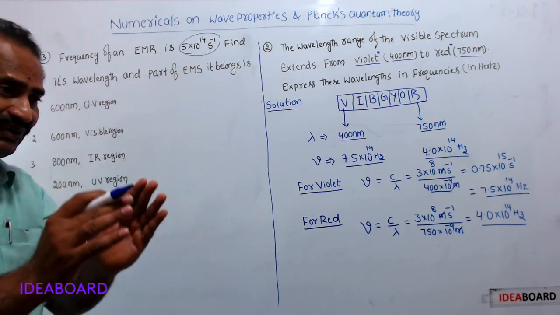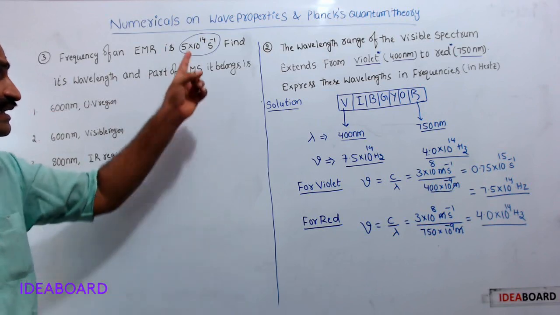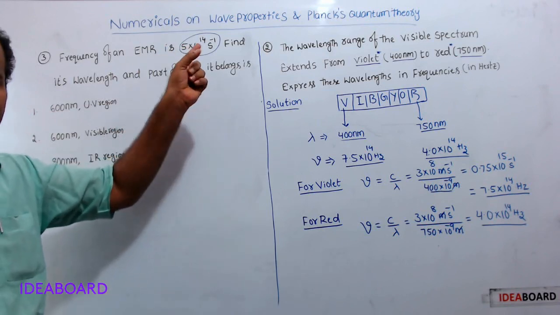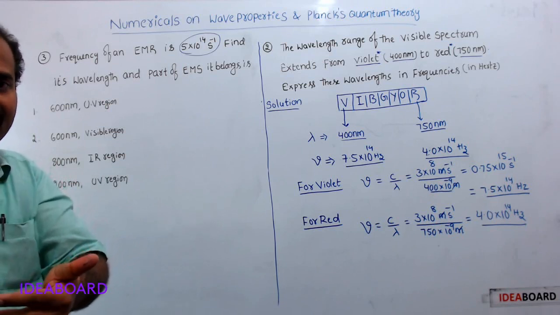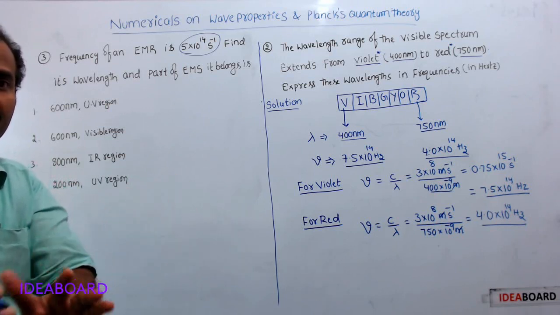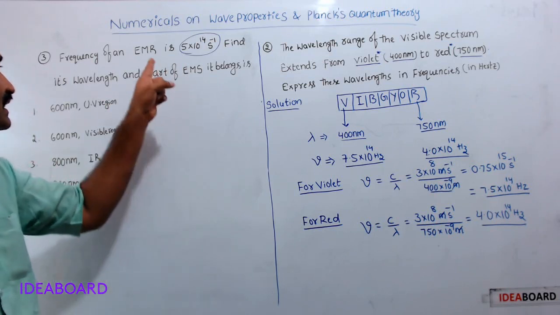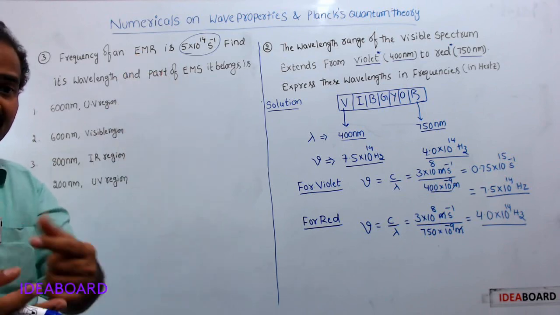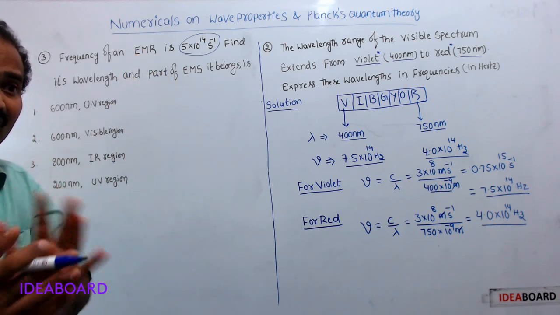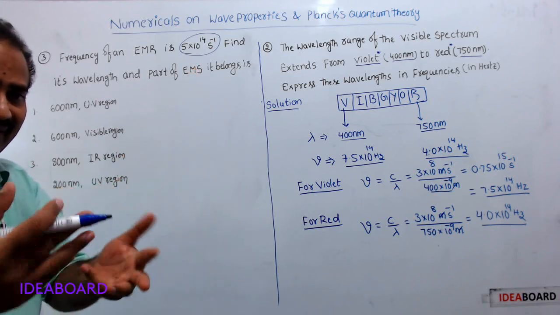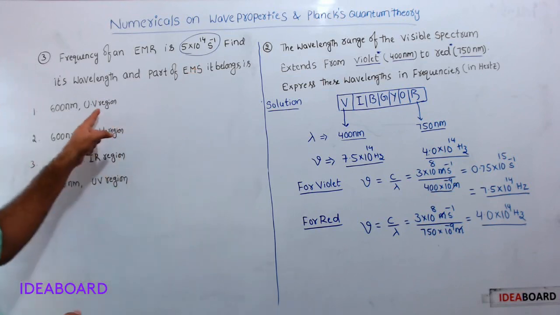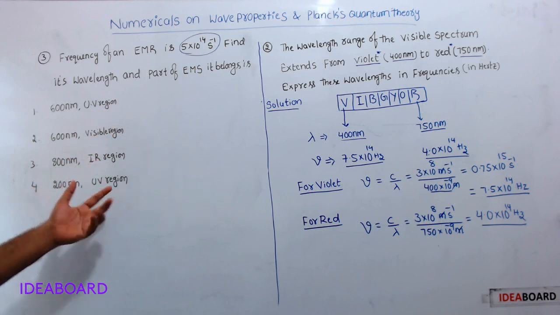Given the electromagnetic radiation frequency, nu is given, and we need to find the corresponding wavelength. Moreover, we need to find which part of the electromagnetic spectrum that radiation belongs to, whether it belongs to the UV region, visible region or IR region.